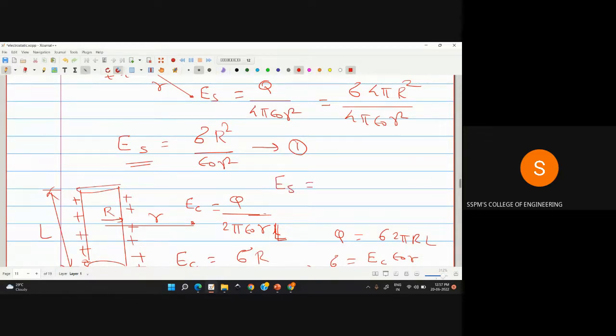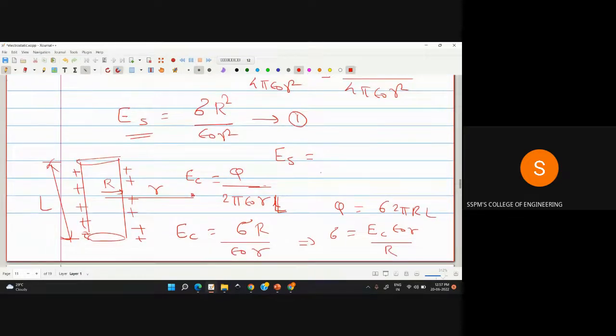ES is equal to sigma. What is your sigma? Sigma is equal to EC into epsilon 0 into r divided by epsilon 0, here small r, here capital R, R square and here capital R. So small r and this square will become 1 upon r, and here R will come.